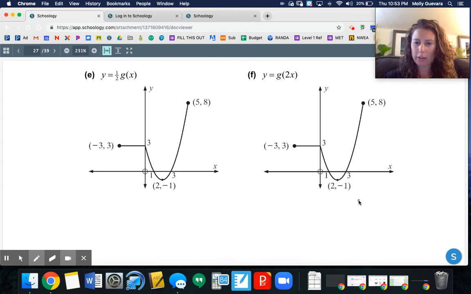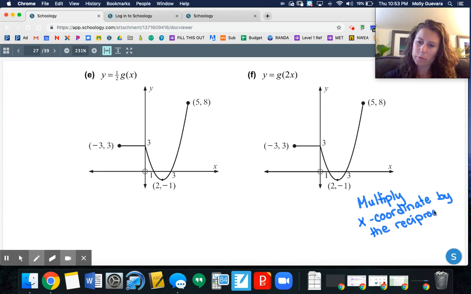So we're going to multiply the x-coordinate by the reciprocal of the value in the function.